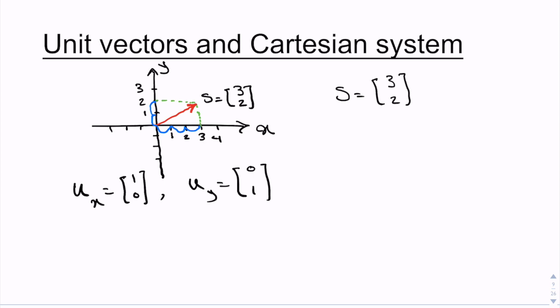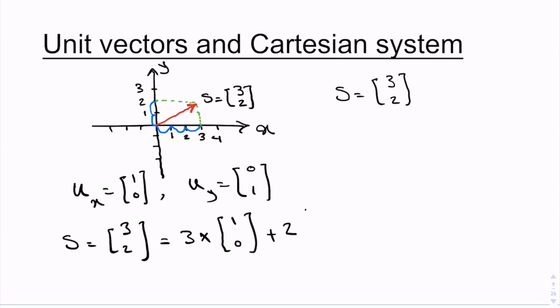How? Imagine S, which is 3 and 2. Then I can write S as 3 times the unit vector 1 and 0 plus 2 times 0 and 1. This is equal to 3 times u_x plus 2 times u_y, right?